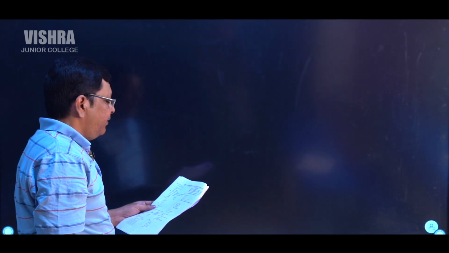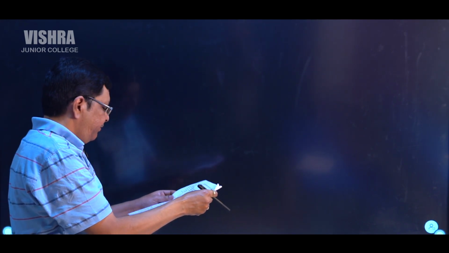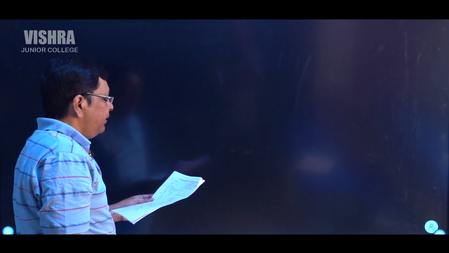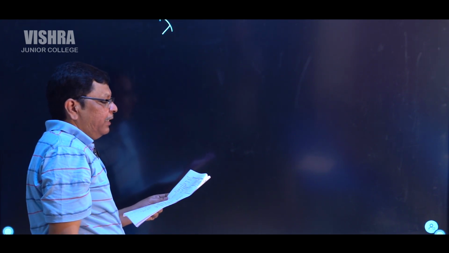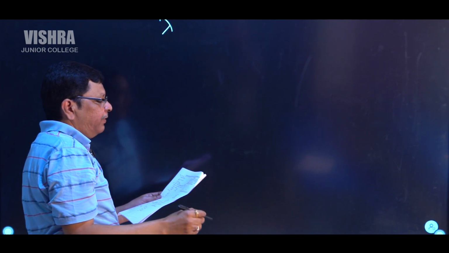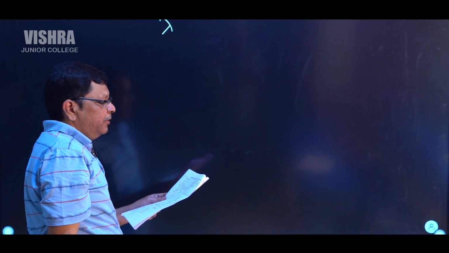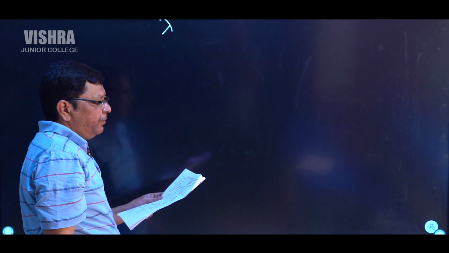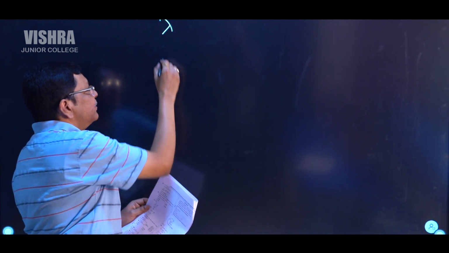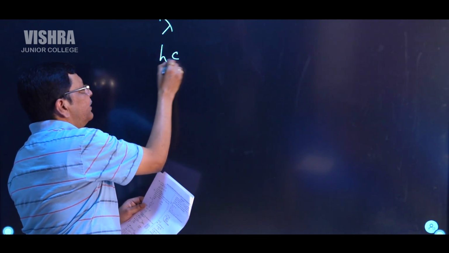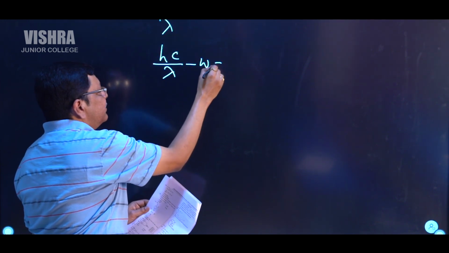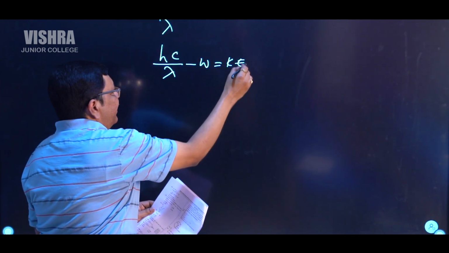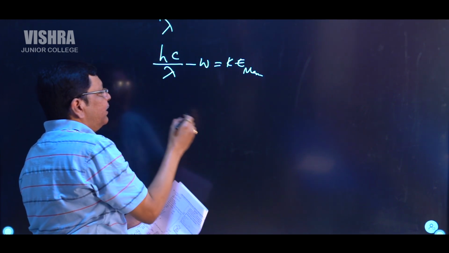It is again from the photoelectric effect. Here a photon of wavelength lambda falls on a metal plate having a work function of 1 electron volt, and the maximum kinetic energy of the emitted electron is 2 electron volts. The Einstein photoelectric equation is hc by lambda minus work function equals the maximum kinetic energy of the emitted electron.